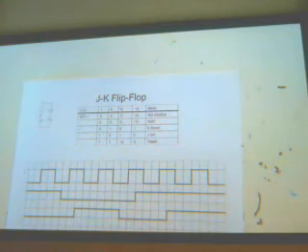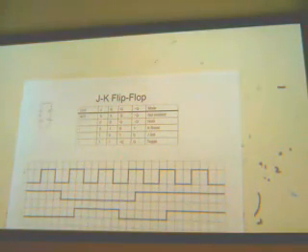So let's talk about the truth table for the JK flip-flop. It actually fixes one thing over the set-reset. Notice we have J, K, and a clock, right? So what do you get when they're both ones?